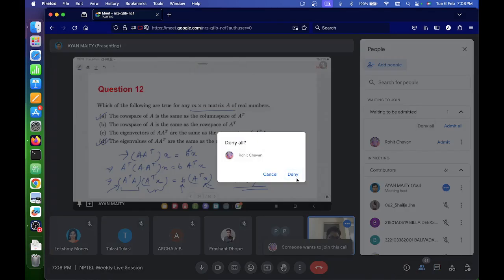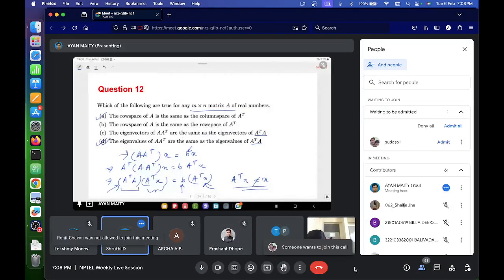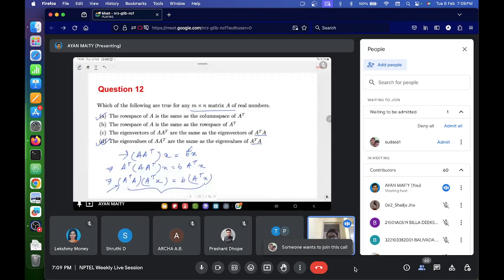Sir, can you repeat from the third step, that is A transpose into A, then A transpose X equals B into A transpose X? Yeah, so after we get this, if we analyze this equation, it is similar to any eigenvector equation.